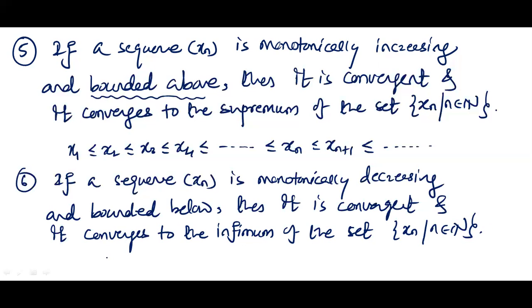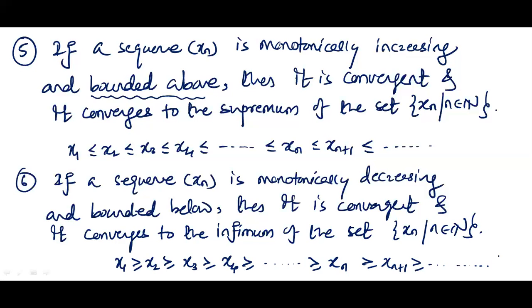You see, suppose we have a monotonically decreasing sequence, means the terms of the sequence are in decreasing manner, and it is bounded below also, means there exists some real number so that all terms of the sequence are greater equal that real number, means terms of the sequence are decreasing but they cannot be less than some real number, right?